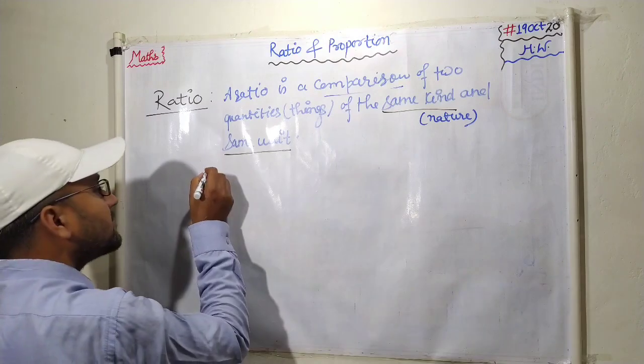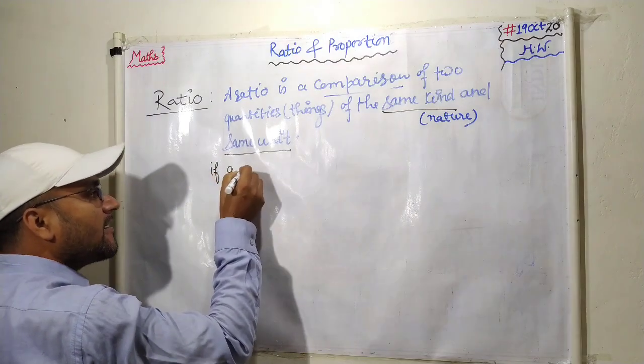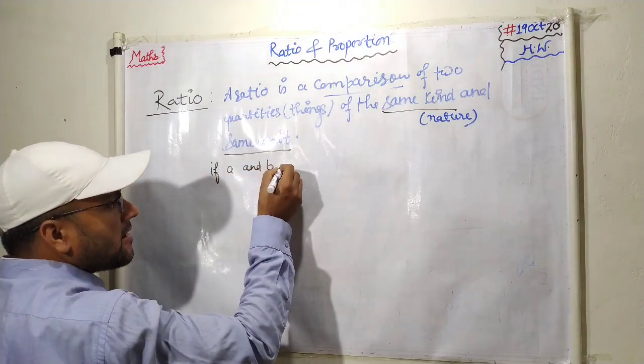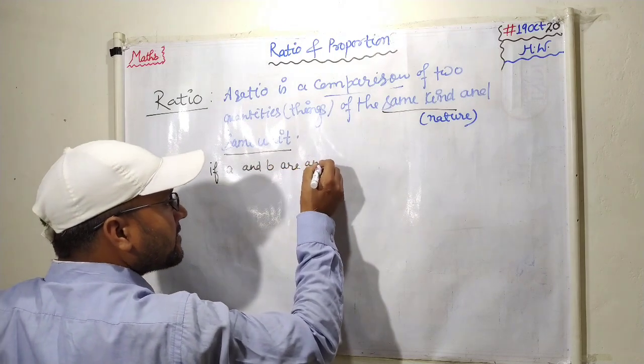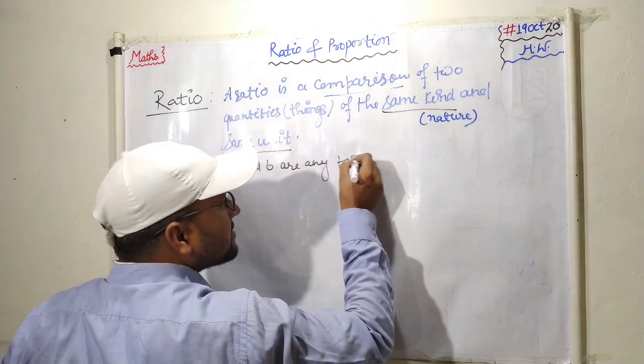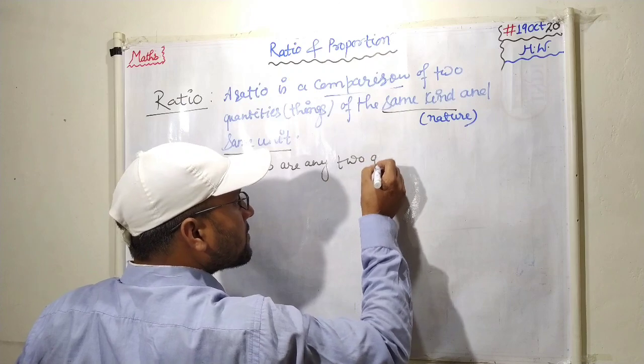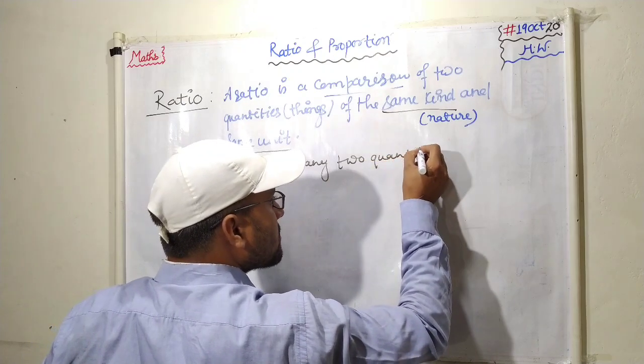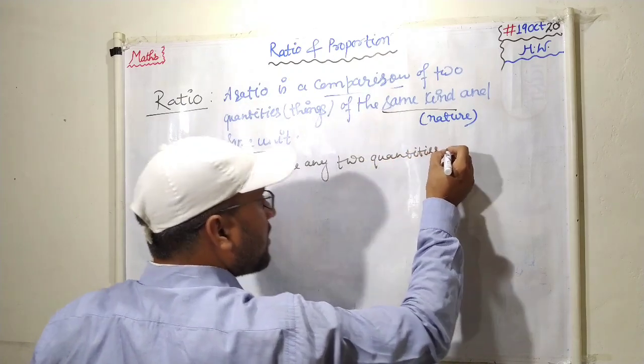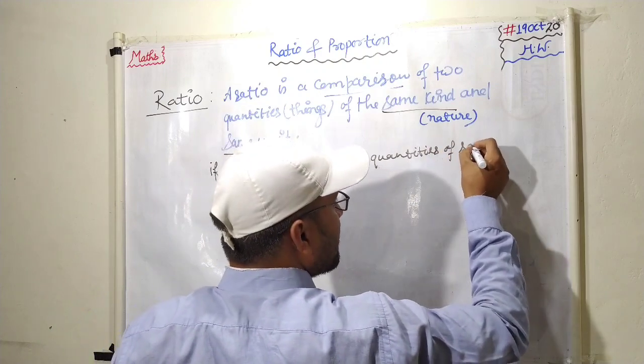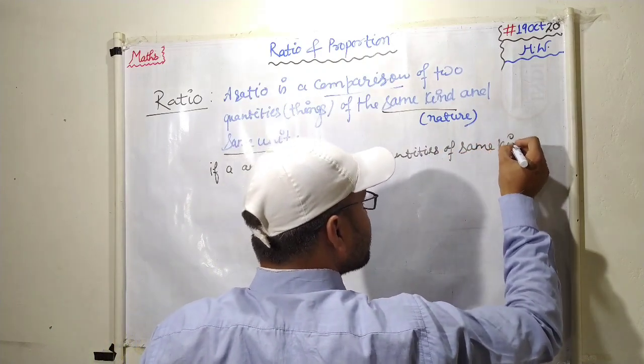A and B are any two quantities of the same kind and the same unit.